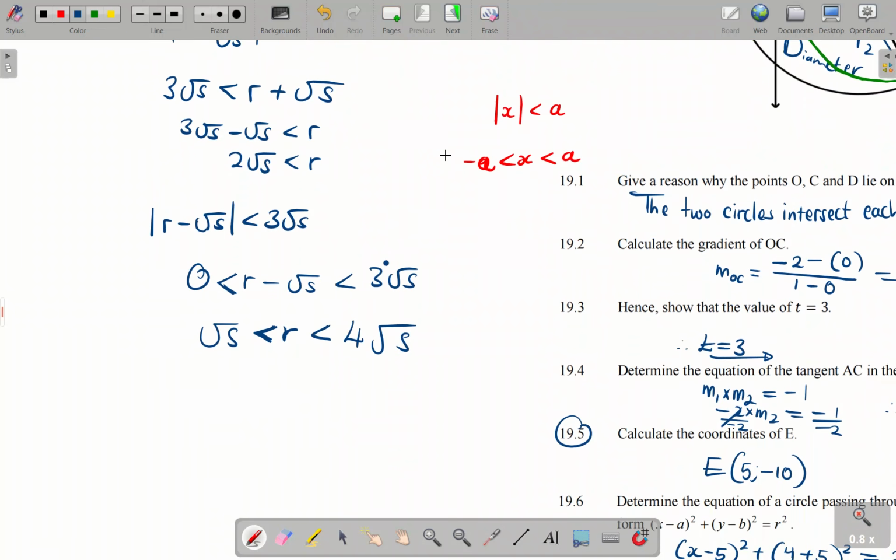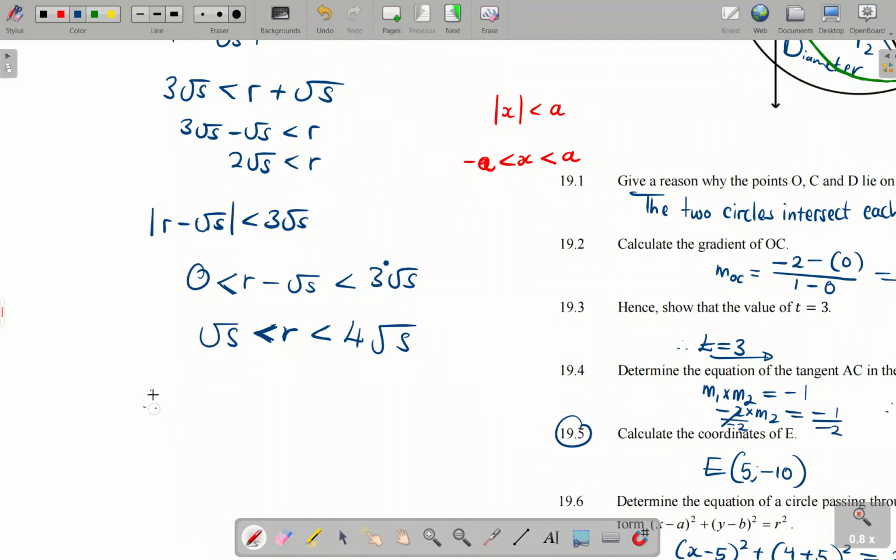So I hope that was clear. Now 3 square root of 5 plus the square root of 5, and I see what I have there. So you can just ignore this part.